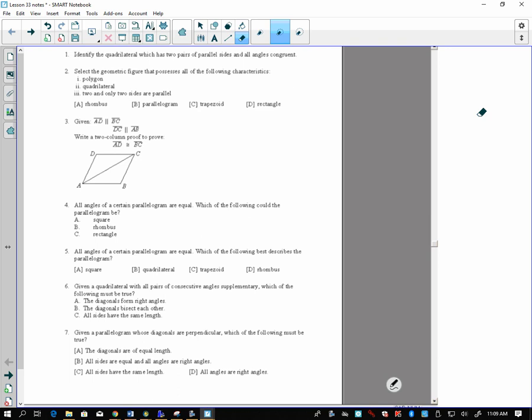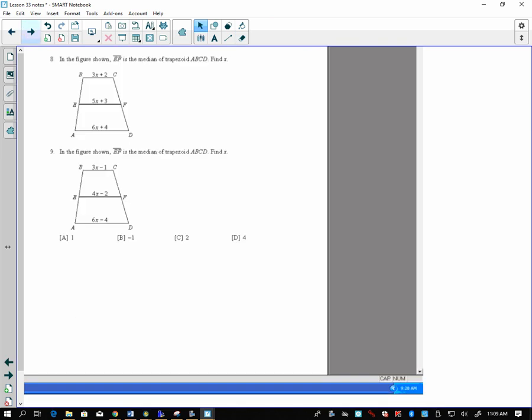All right. I think we have another page in here that's going to deal with midpoints of trapezoids or mid-segments. What they told you about mid-segments is that the mid-segment is half the sum of the bases. So if I look at this length right here, median EF, in the figure EF is the median of trapezoid ABCD, find x.